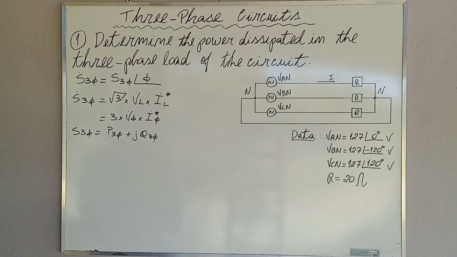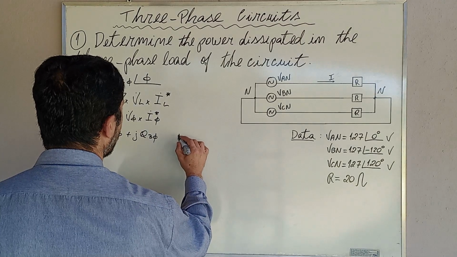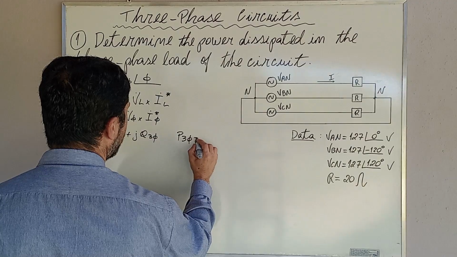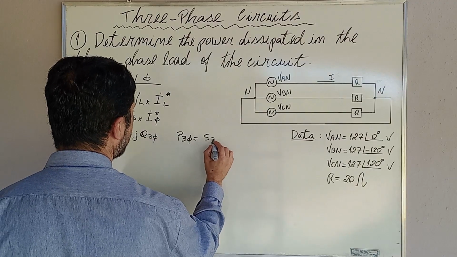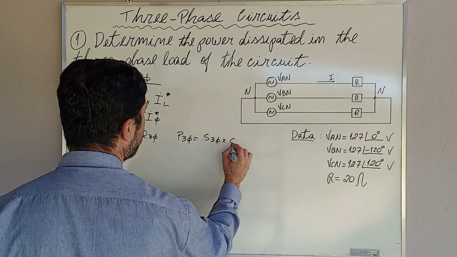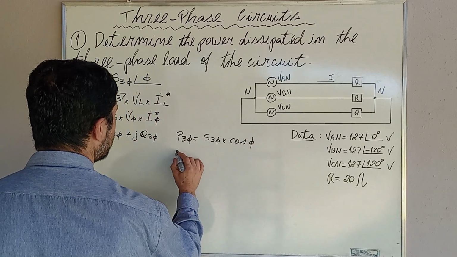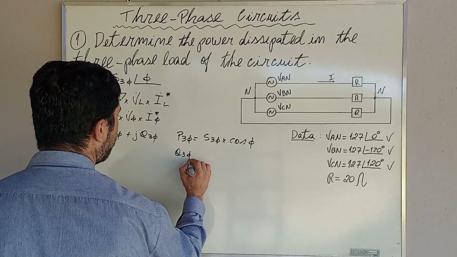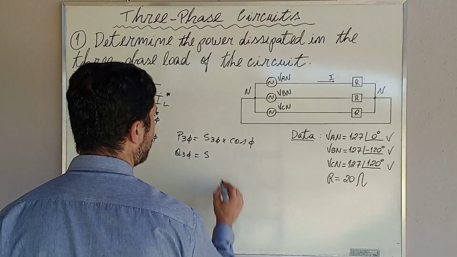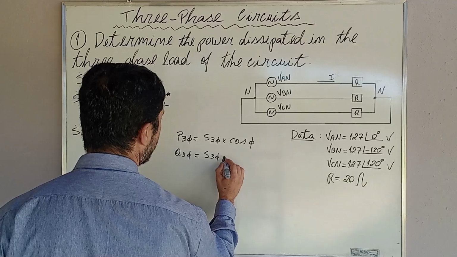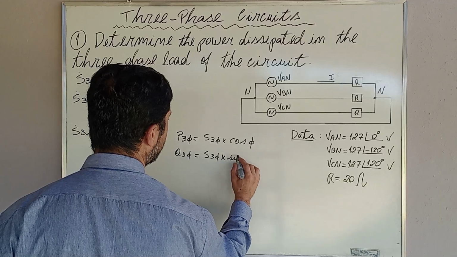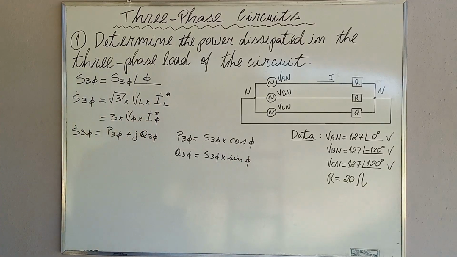In this way, P three-phase is equal to the apparent power three-phase times the cosine of the angle, and the reactive power three-phase is equal to the apparent power three-phase times the sine of the same angle.